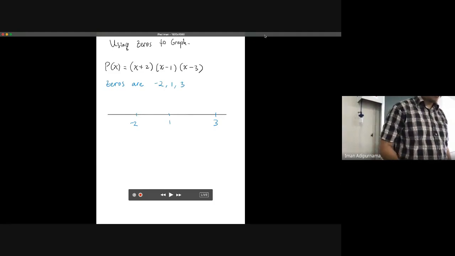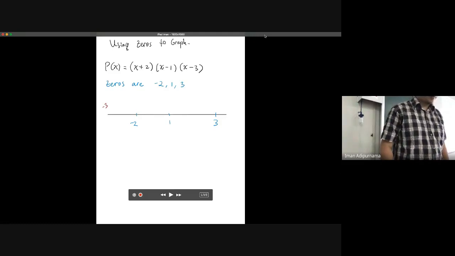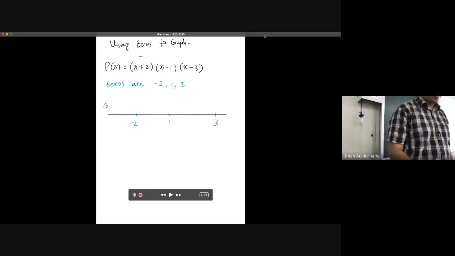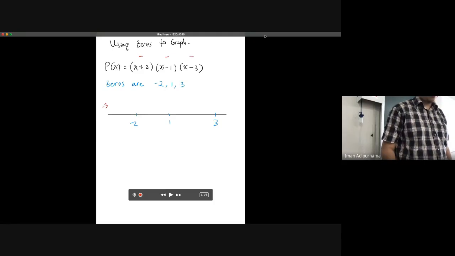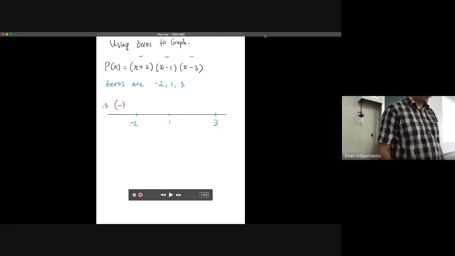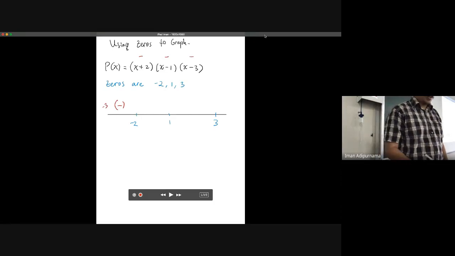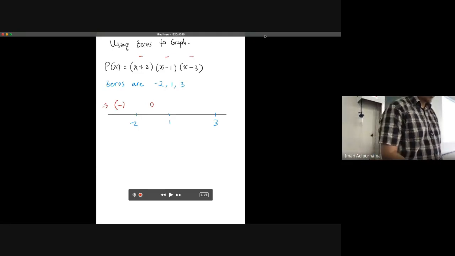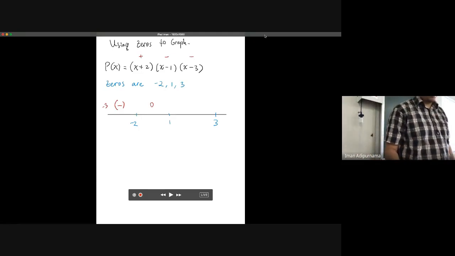Let's start from the left. Let's start from -3. If you plug in -3, it will be minus, minus, minus, right? So minus, minus, minus, and it will be negative, right? If we try 0 here, it will be positive, negative, negative, so it's positive.